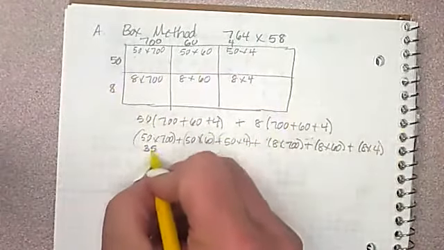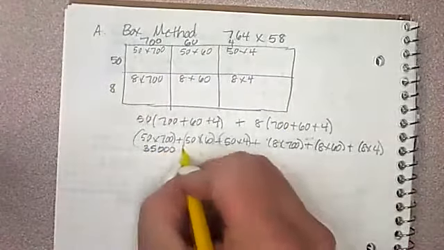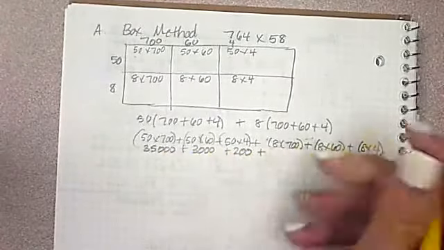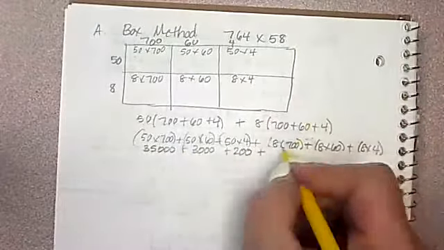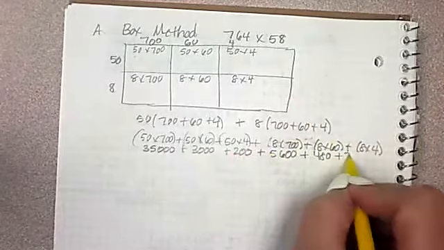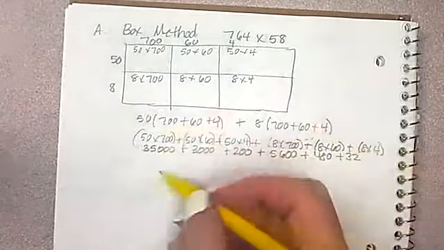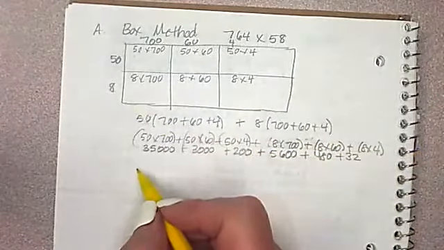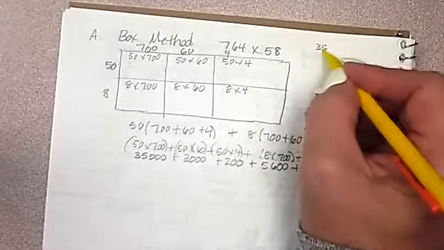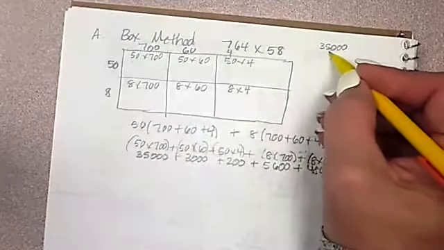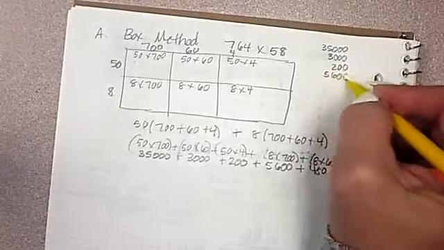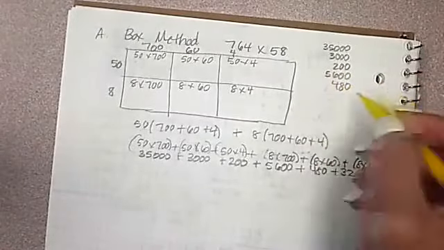So here we have 35,000 plus 3,000 plus 200, plus 8 times 700, 5,600, plus 480 plus 32. Then if I add all these up, that's putting it into the standard algorithm. So 35,000 plus 3,000 plus 200 plus 5,600 plus 480 plus 32.